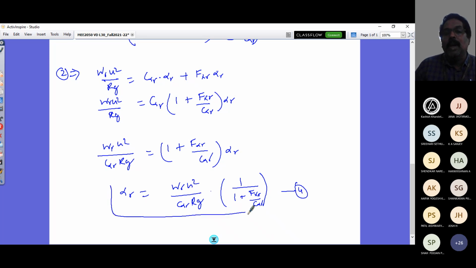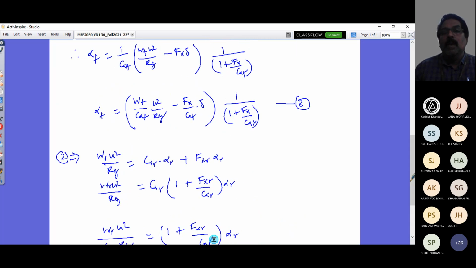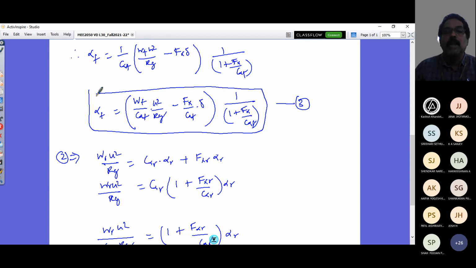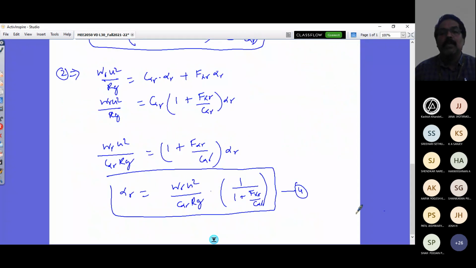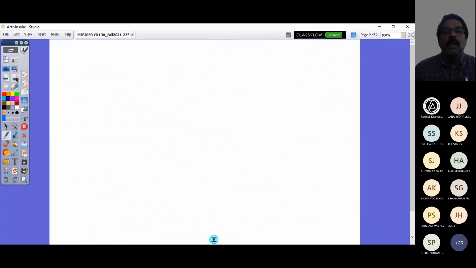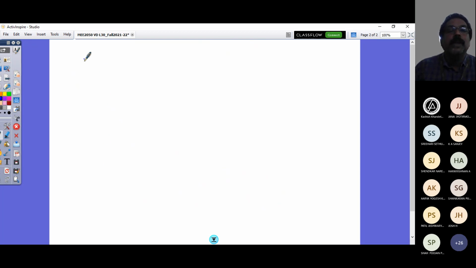So now I have the alpha R term, and I had the alpha F term. So I can substitute for alpha F and alpha R now in equation Roman letter 1. So let me do that now. What is my equation?